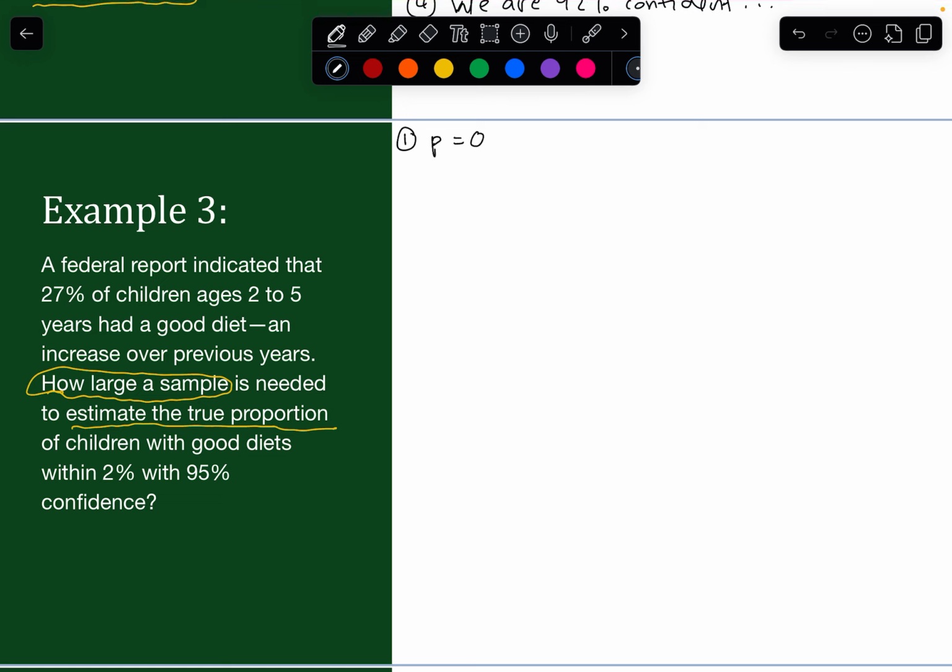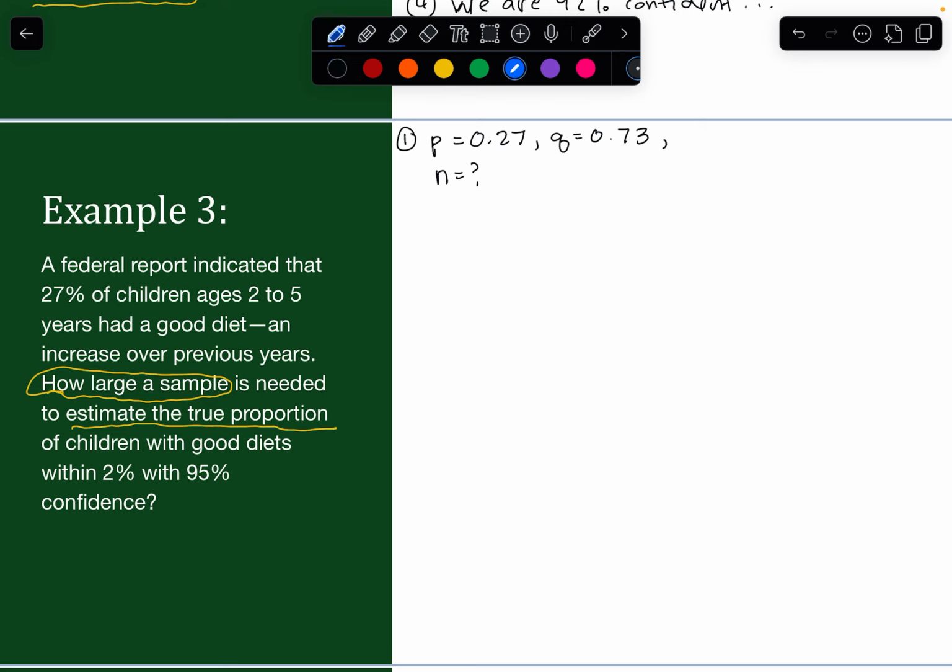We're estimating that it's 0.27, which means I know that Q, which would be 1 minus that, is estimated to be 0.73, assuming I can do math in my head. They're asking us for a sample size, n equals what? Given that we want to estimate to within 2%.